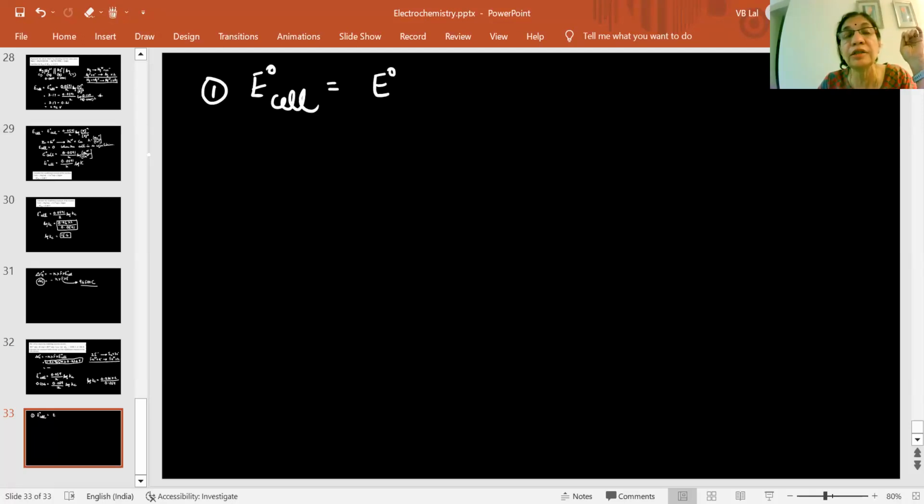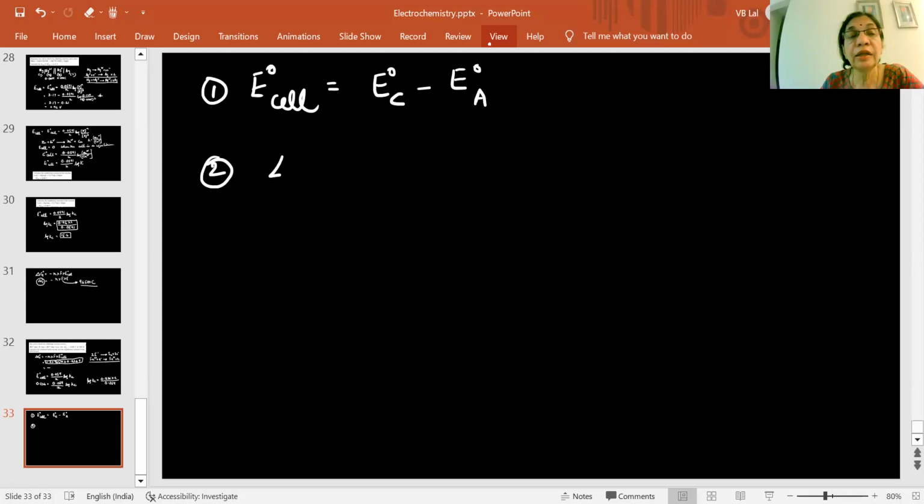A cell is a standard cell when the concentration of all the solutions is 1 mole per liter, 1 molar, and the temperature of the cell is 298 Kelvin. For that, reduction potential of cathode minus reduction potential of anode will give you the E cell. For a spontaneous cell, the E cell should be positive.